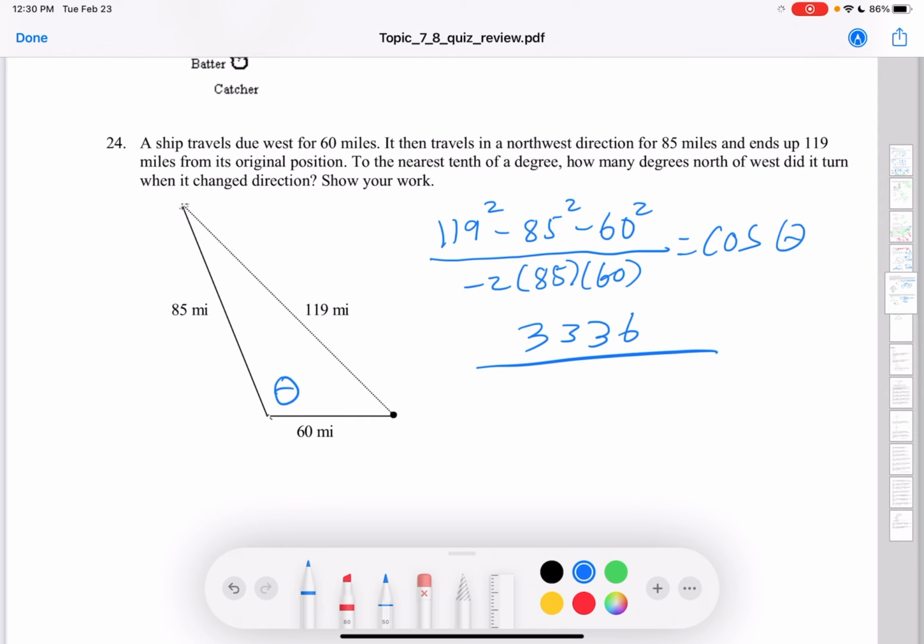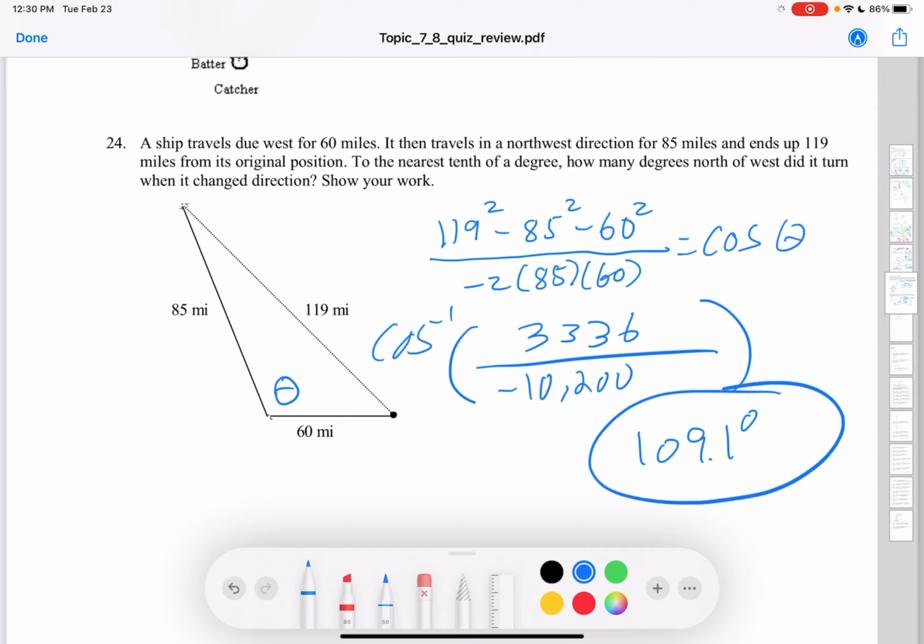Negative 2 times 85 times 60 is negative 10,200. Now we have to do the inverse cosine of that, and we end up with approximately 109.1 degrees.